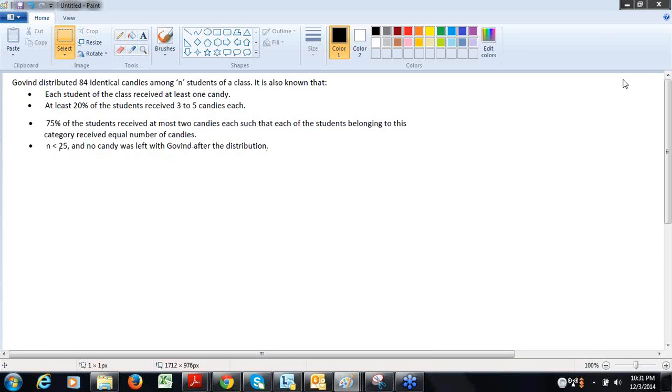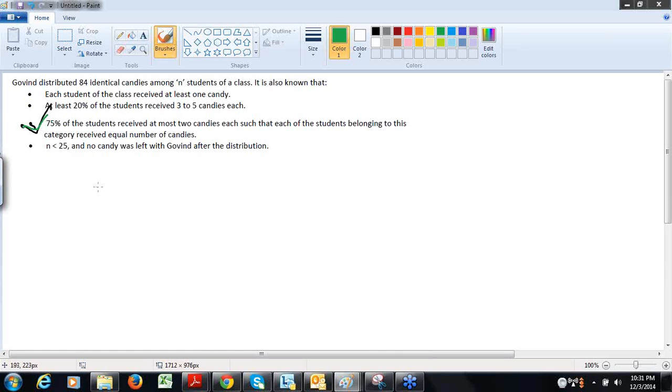Okay, so let us put this into perspective. It is saying that 75% of the students receive at most two candies.